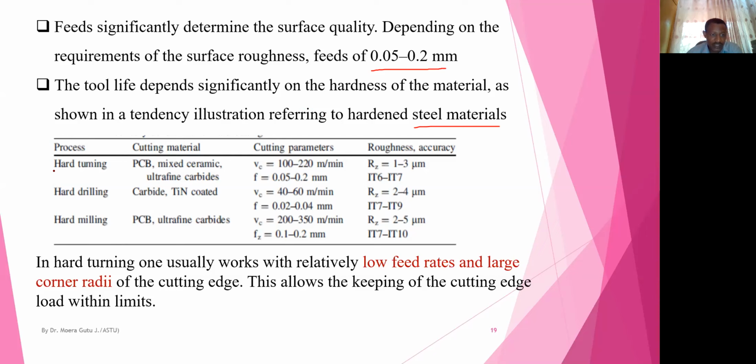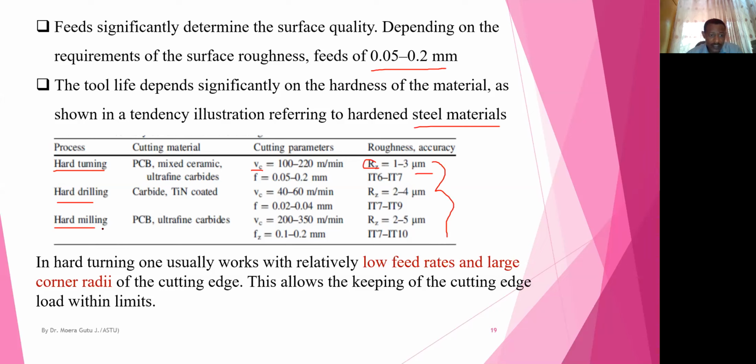You will see for hard turning, hard drilling and hard milling, the cutting materials and cutting parameters are put here: the cutting speed, Vc, the feed rate, and the cutting speed for hard drilling with carbide, titanium carbide coated material. The roughness, Rz, which indicates the level of smoothness of the machined surface, should reach up to 1 to 3 micrometers. So it is a micro surface finishing process.